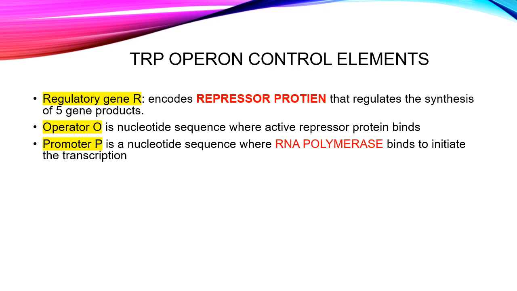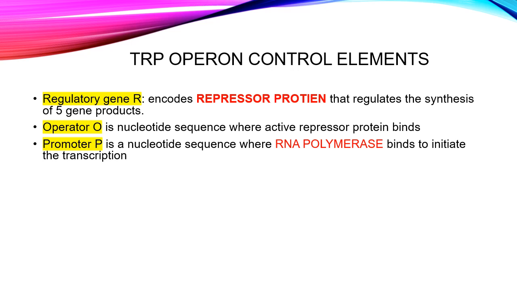Now, besides the regulatory gene, you will get a promoter region. The promoter region is a nucleotide sequence. It is not a gene, it is a nucleotide sequence where RNA polymerase comes and binds. RNA polymerase is an enzyme which initiates the transcription process.